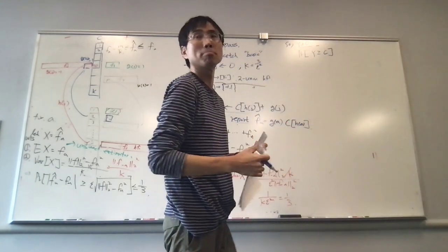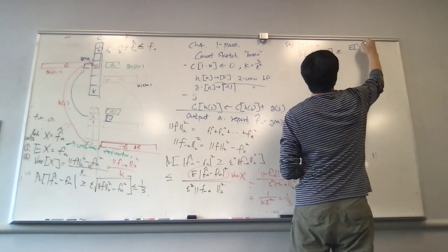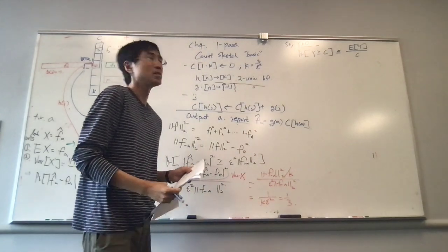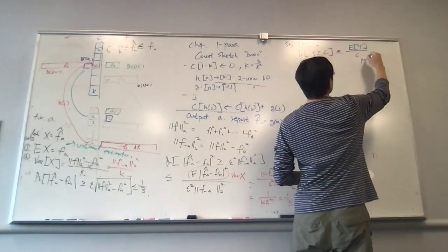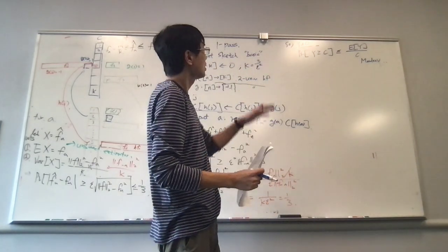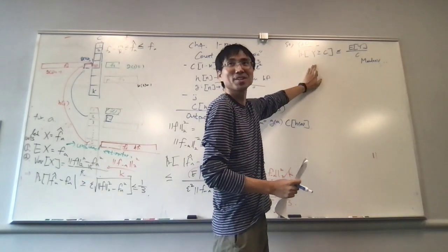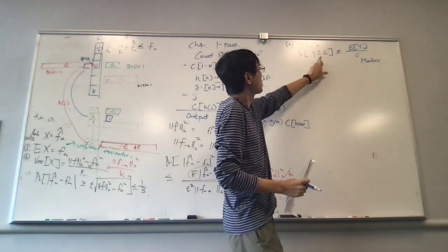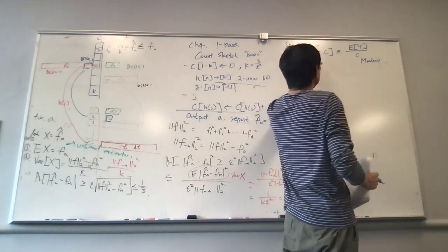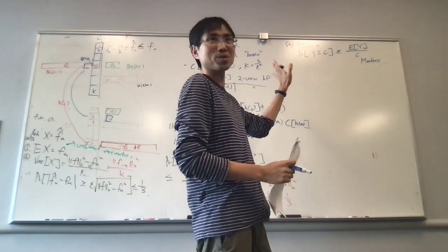This is Markov. The proof is really one line. Suppose this is not the case. That means with high probability you can have high value, therefore the expectation will exceed E of Y. That was the proof of Markov inequality.